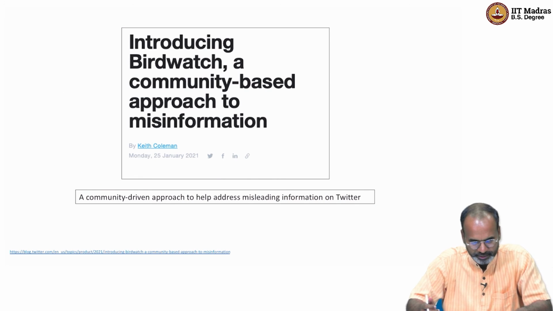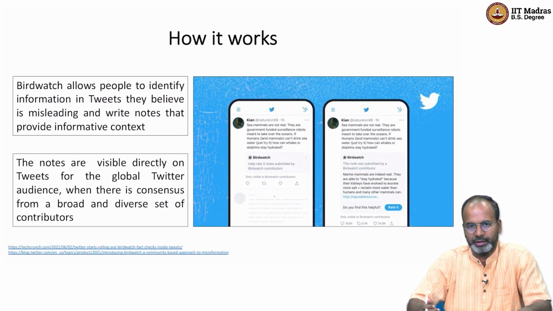Birdwatch is another mechanism that Twitter itself tried for finding misinformation. A community-driven approach to help address misleading information on Twitter, which is, can you actually show a tweet when it comes out? Can you get it annotated by users who are using Twitter? Get feedback from the users about the tweets, and can you use that to make a judgment whether it is real or fake?